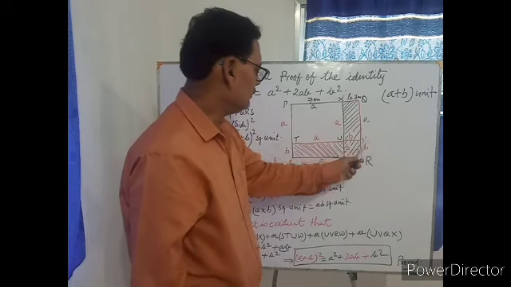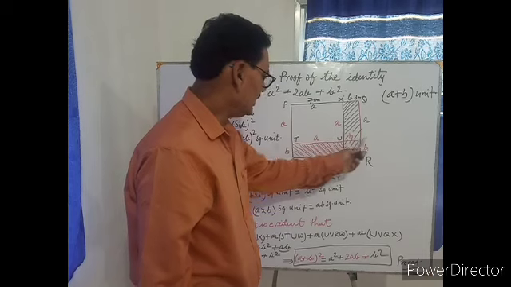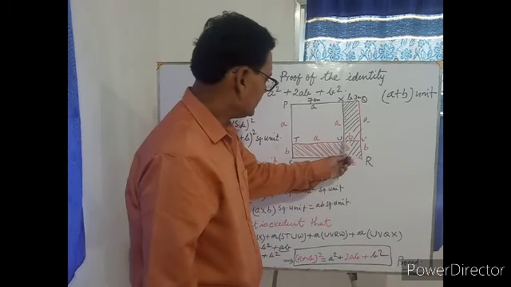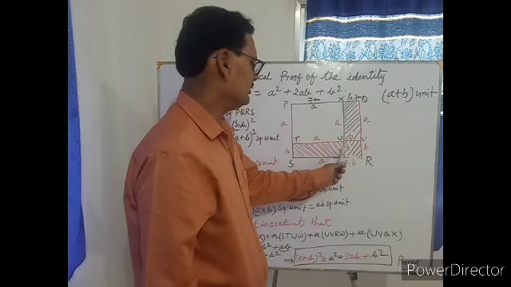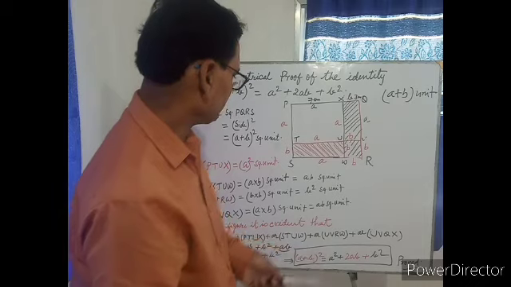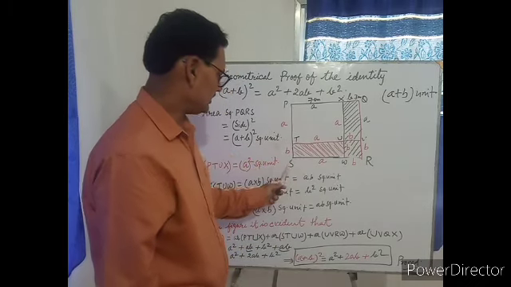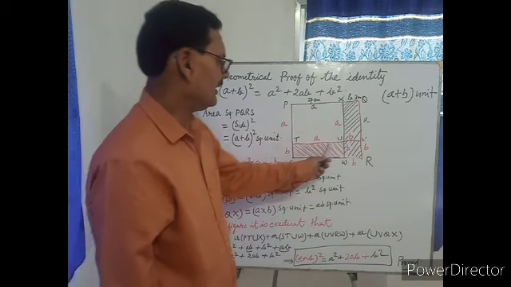Therefore, XQVU is a rectangle. Similarly, UVRW is a square, because here it is b unit and this is also b unit, this is b unit and this is also b unit. And similarly STUW is also a rectangle.